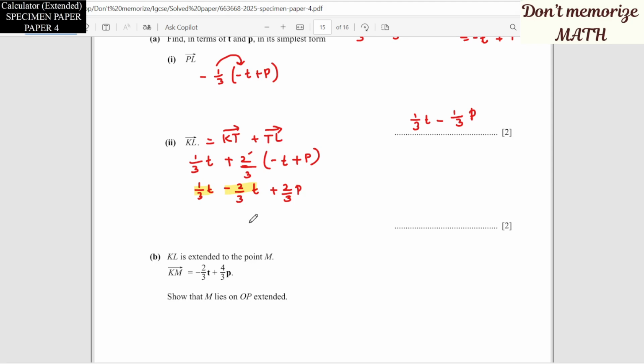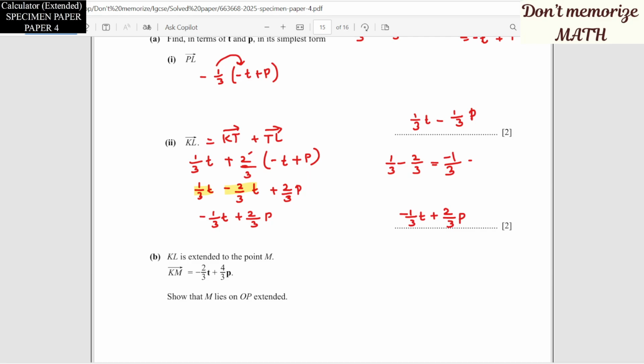This is a calculator paper, so you can use the calculator to find 1 over 3 minus 2 over 3. Without calculator also you can find. Here the denominators are the same, so write the same denominator, then subtract the numerators. 1 minus 2 will become minus 1. Okay, so you will get minus 1 over 3t plus 2 over 3p. So vector KL is minus 1 over 3t plus 2 over 3p.